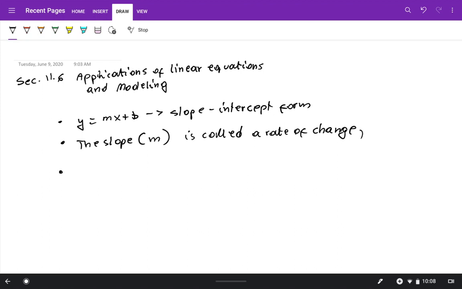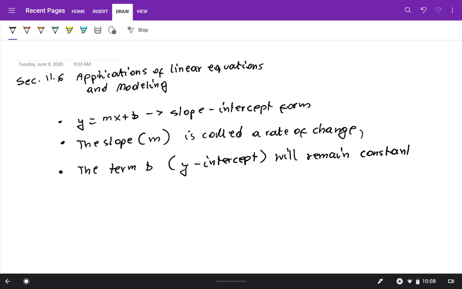The term b, which is again in the equation the y-intercept, will remain constant regardless of the value of x.